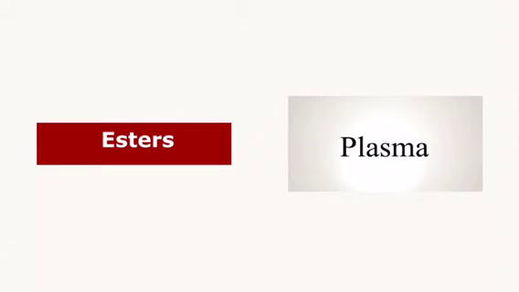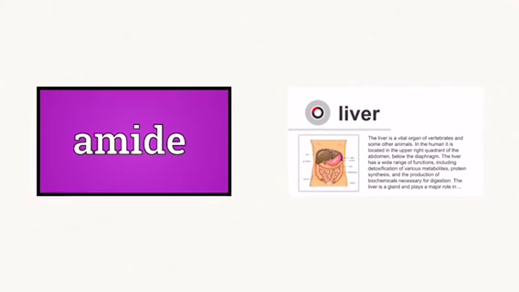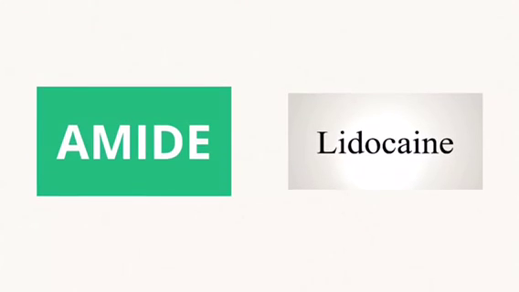Metabolism of esters occurs primarily in the plasma, whereas amides are metabolized in the liver. Amides, such as lidocaine, are metabolized in the liver by 3 types of reactions.